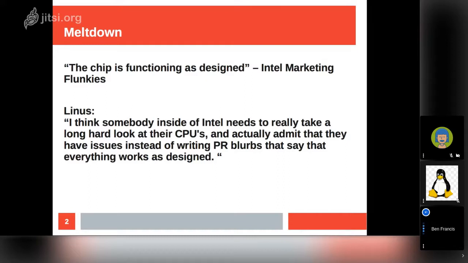It has to be patched at the browser level, it has to be patched at the kernel level, and then there are also microcode patches that came out that I saw in the Oracle repositories that also have to be applied. So yeah, you've got to apply the patches up and down the stack.